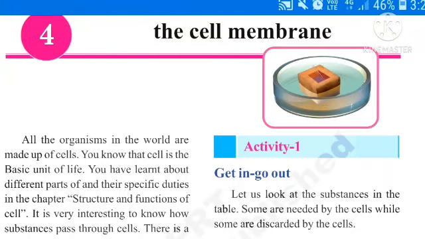Its main function is that it maintains balance. The cell membrane plays a crucial role in maintaining this balance. The exchange of substances through the cell membrane happens very selectively. So, the cell membrane is also called a selectively permeable membrane.